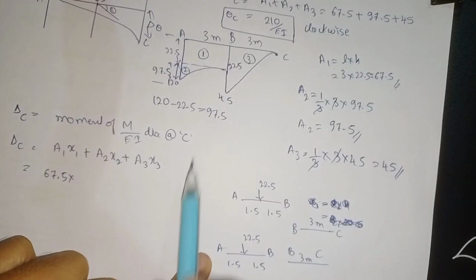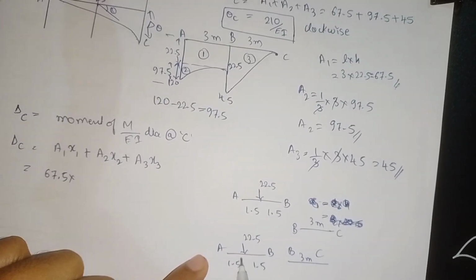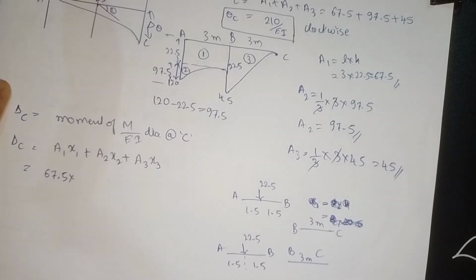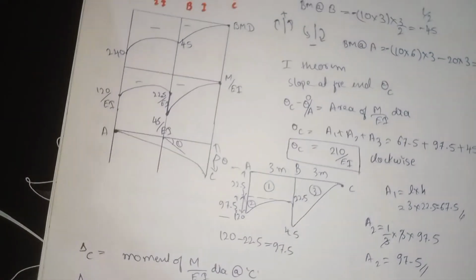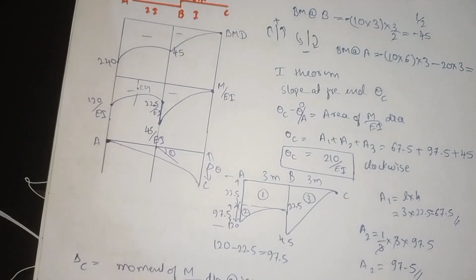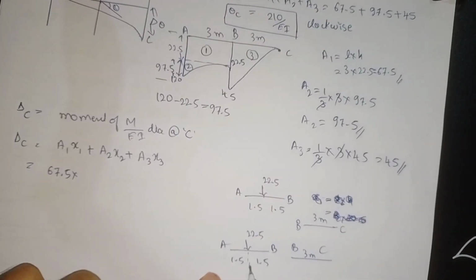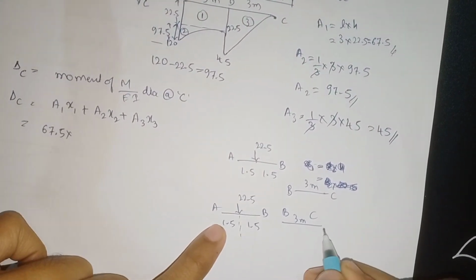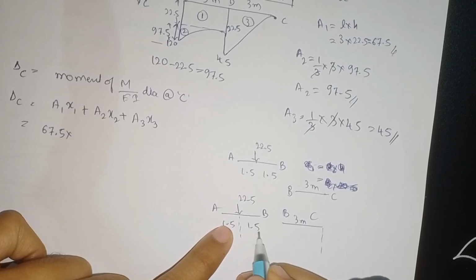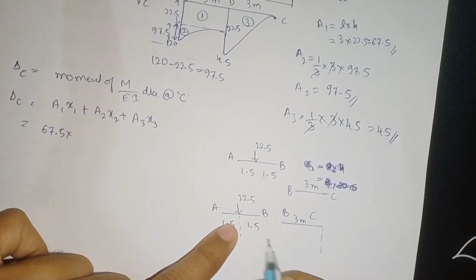This is our C. For point C we need to find this much distance, from here to here. Here is 1.5 plus 3. So our x1 becomes 1.5 plus 3 meter, which is nothing but 4.5.